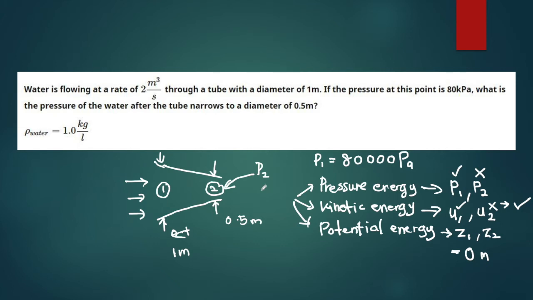So let's solve this question first. Now we want to find area 1. Area 1 is pi d1 squared over 4. This is the cross-sectional area because the flow of water is through the cross-sectional area.